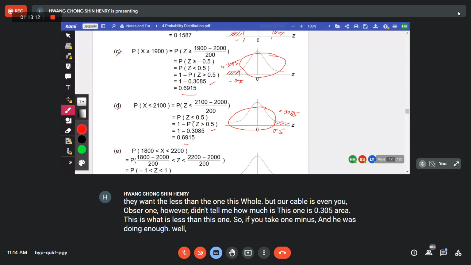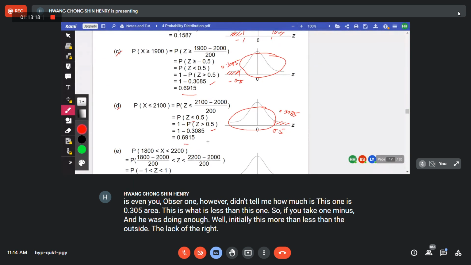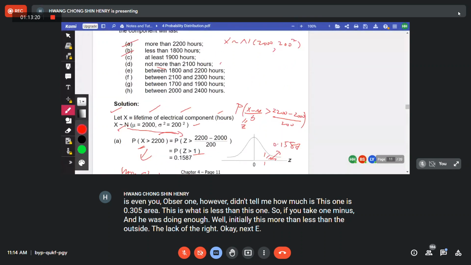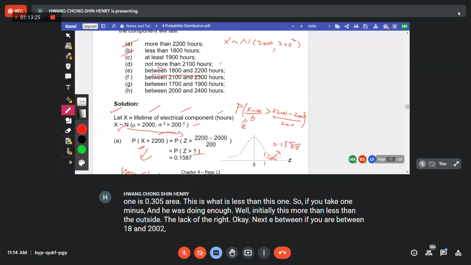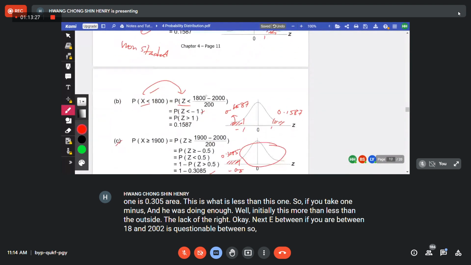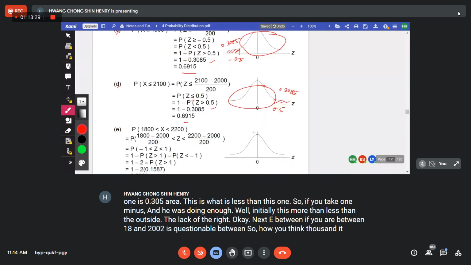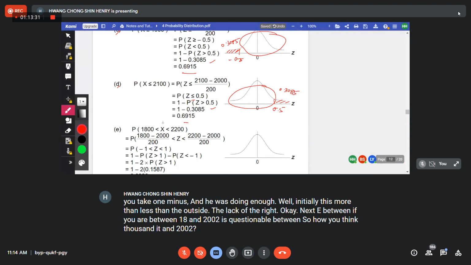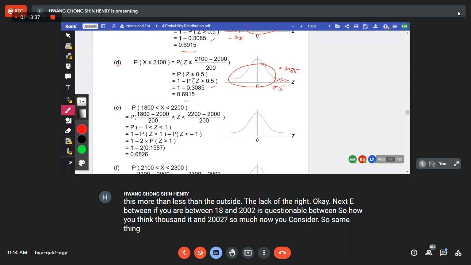Your inequalities, more than or less than, shade outside to the left or to the right. Okay, next, E. Between. If you have between 1008 and 2002, this question involves between. So how do you write? Between 1008 and 2002. Now you got left and right, two-sided. So same thing, your x will become standardized.